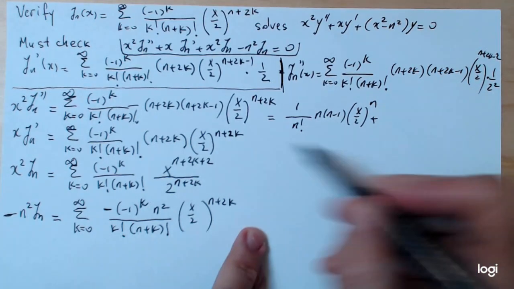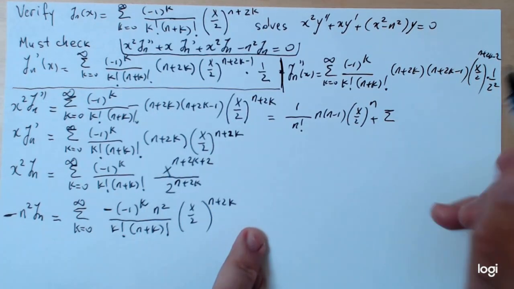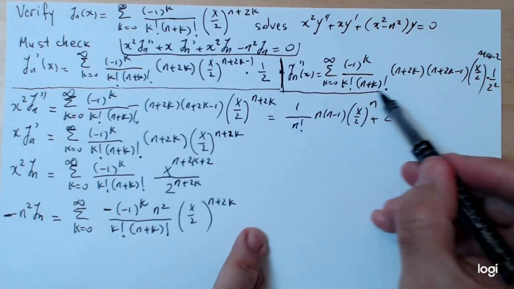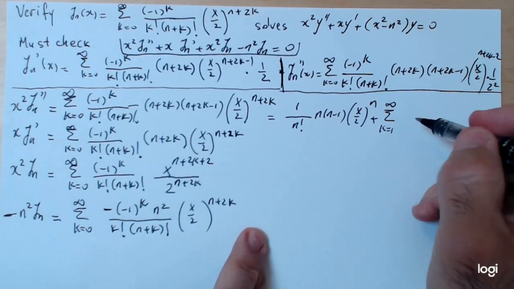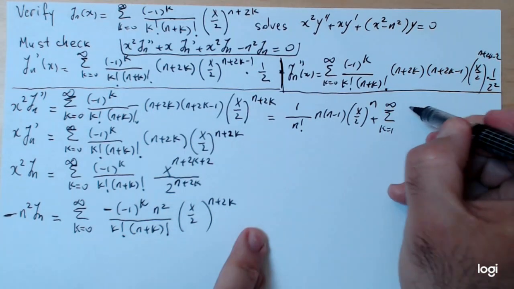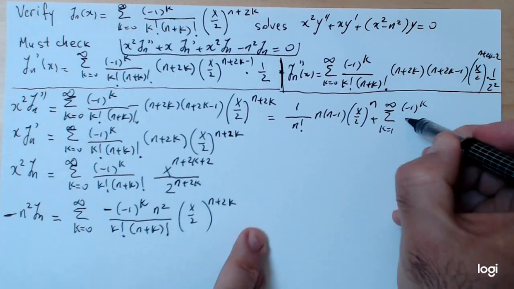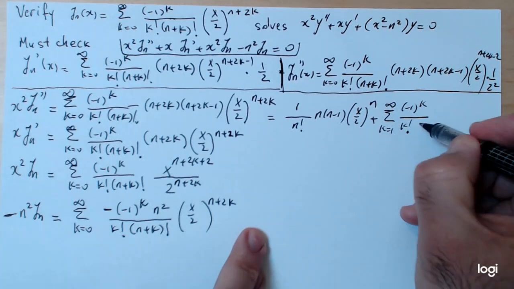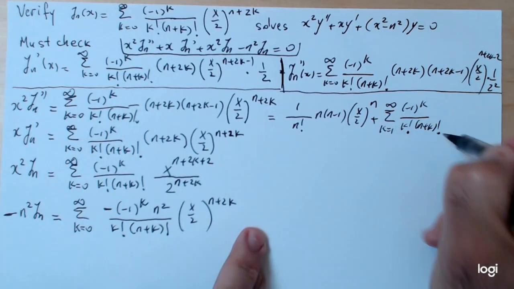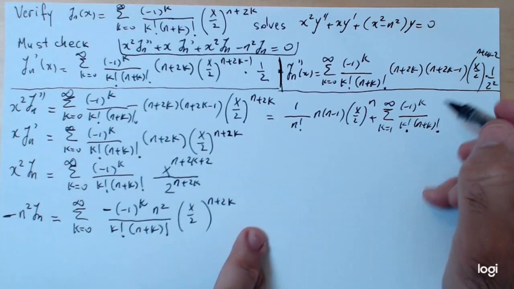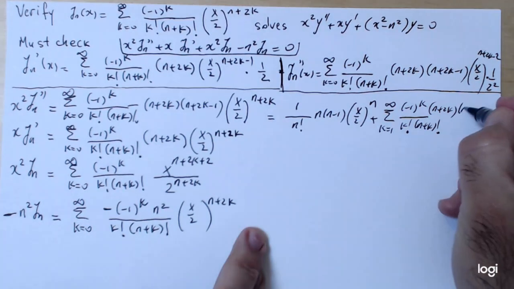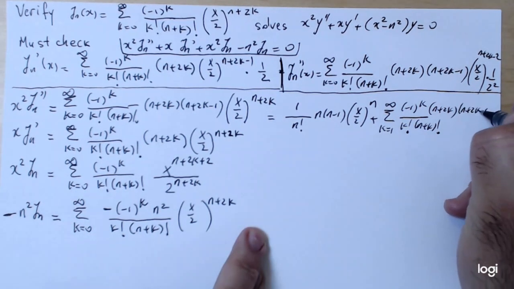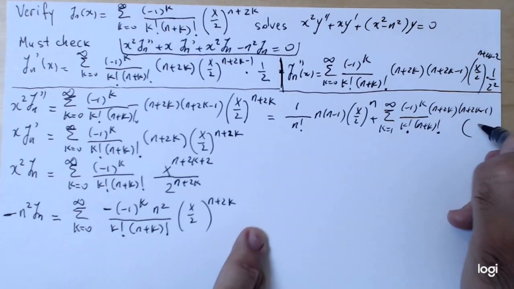And then the same thing as before, but now starting from 1 to infinity. I'm just going to copy everything else: minus 1 to the k, over k factorial, n plus k factorial, n plus 2k, n plus 2k minus 1, and then times x over 2 to the n plus 2k.